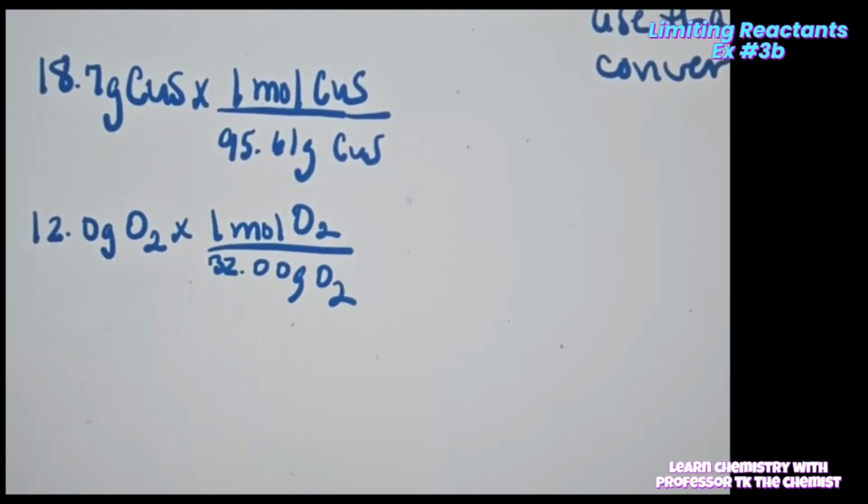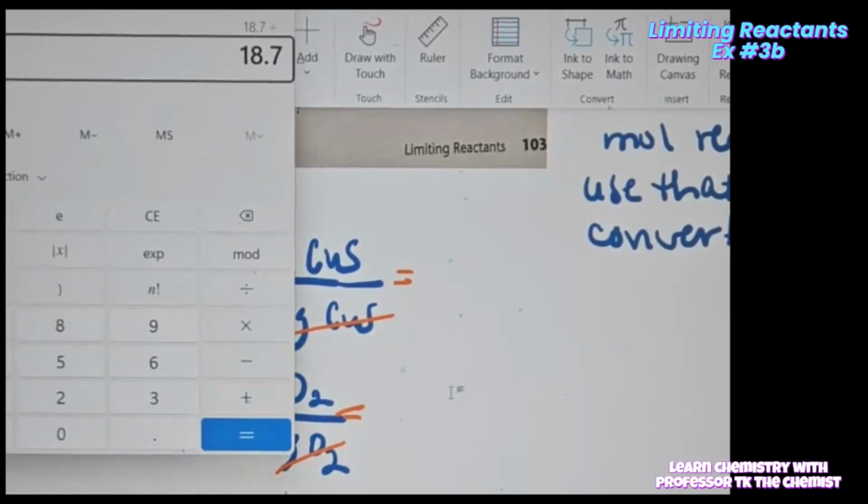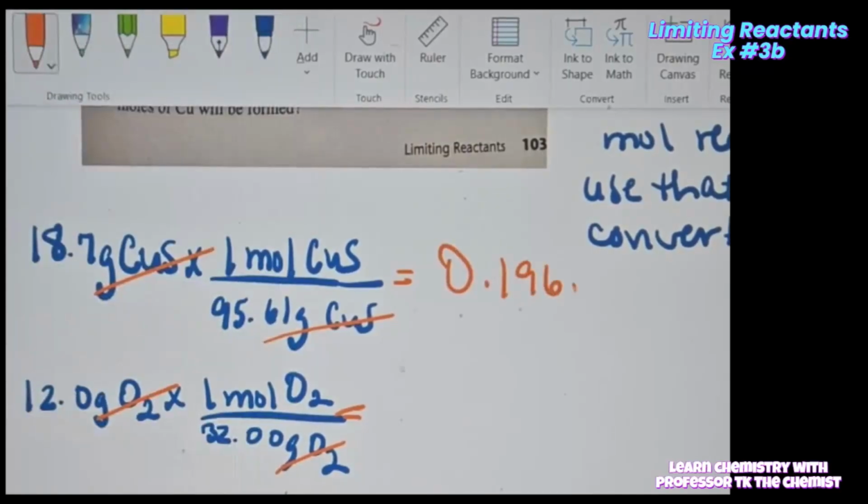And now, again, y'all know the routine. Cross out the units you no longer need, and then plug this into your calculators, okay? You're going to take the 18.7 and divide that by the 95.61, and you get 0.195 or 0.196 moles of copper 2 sulfide, okay?